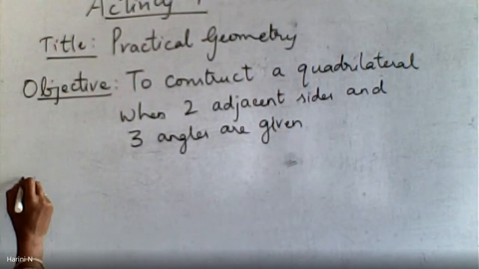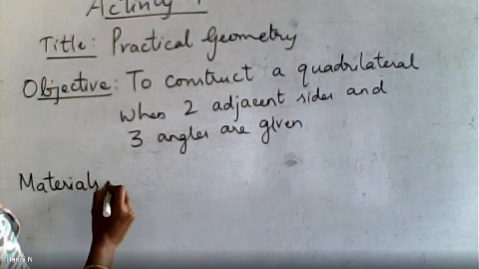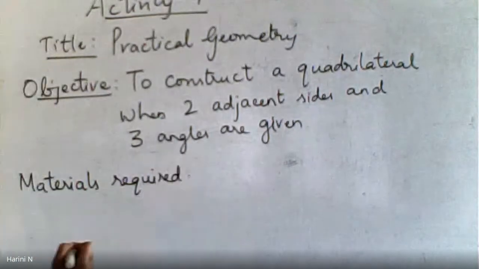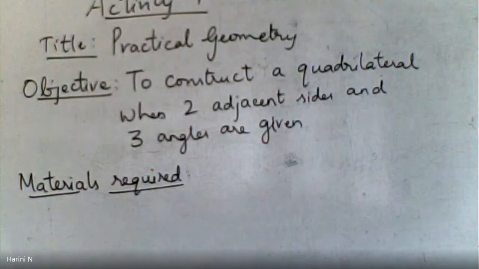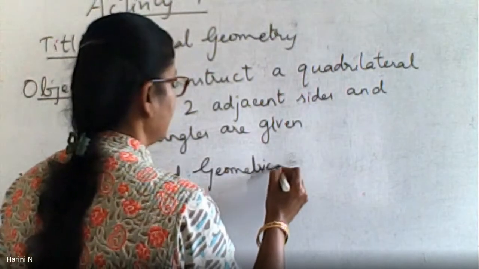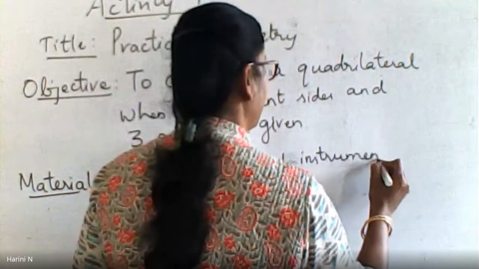Then material is required. Material required is the same as for the previous activity. What is the material that you want to construct this quadrilateral? You should have your geometrical instruments, pencil and ruler.